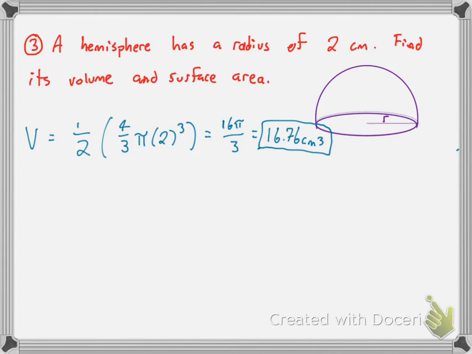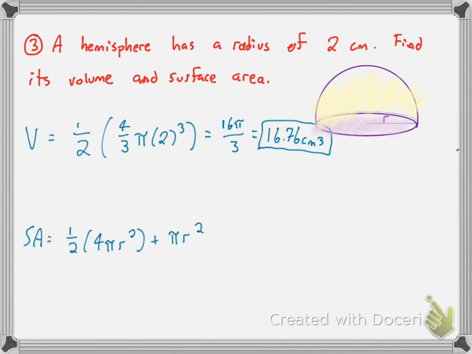And if I want to find the surface area, I'm going to do half of 4 pi r squared, but I also need to account for that new circle as a side. So that 4 pi r squared counts for everything up here, but I'm going to have to add this.